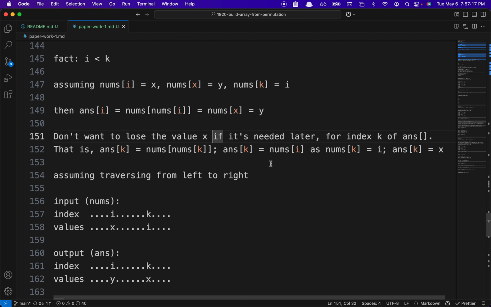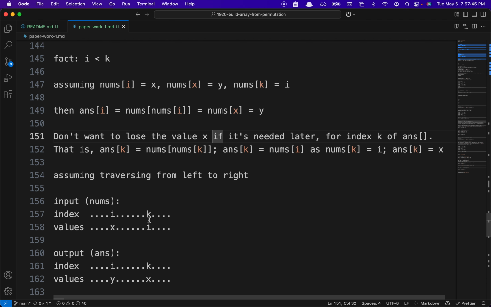Who will need the X? Someone whose nums of K is, let's say, I, and nums of I is X, then they come back. So it's like a chain here. So if you have this chain, you need it. Okay.